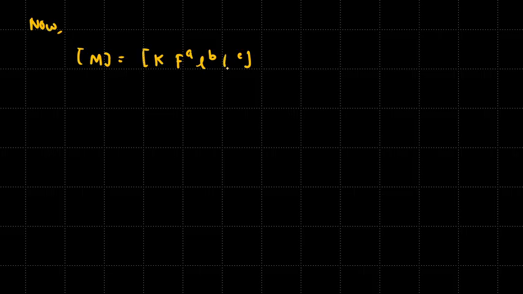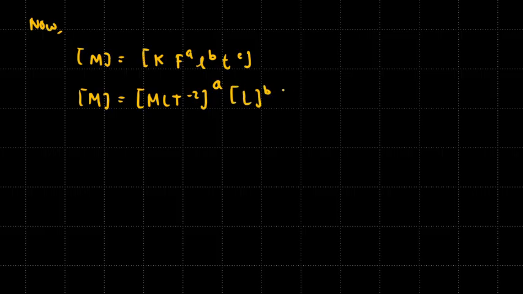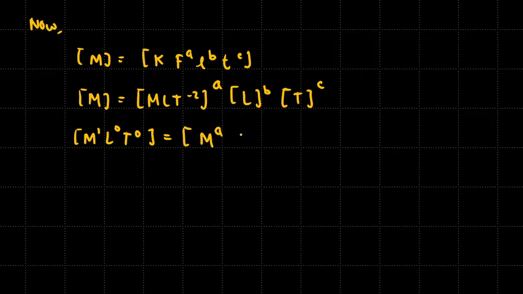The dimension of m is M. The dimension of k is 1 since it is dimensionless. The dimension of force is MLT^-2 raised to the power of a. The dimension of L is L. The dimension of T is T. Now we can write it as M^1 L^0 T^0. There is only one M, which is raised to the power of a. L is raised to the power of a plus b. T is raised to the power of minus 2a plus c. Now we have to compare.